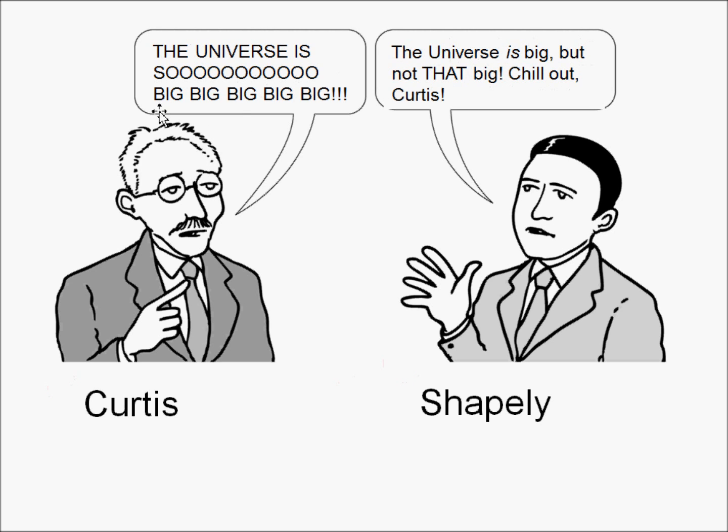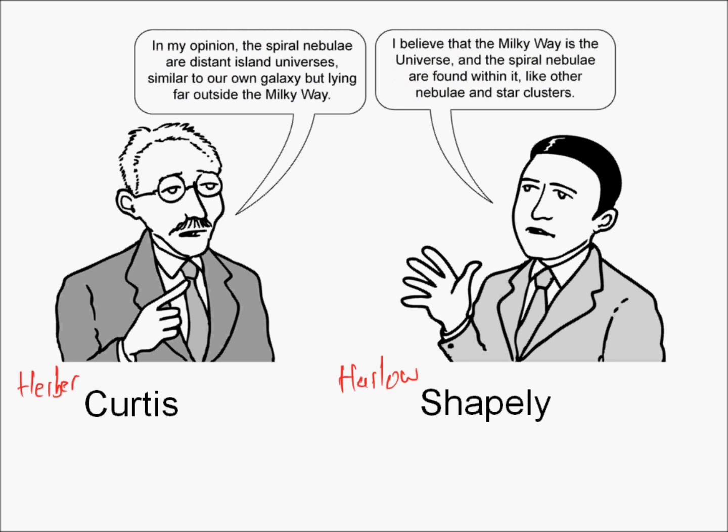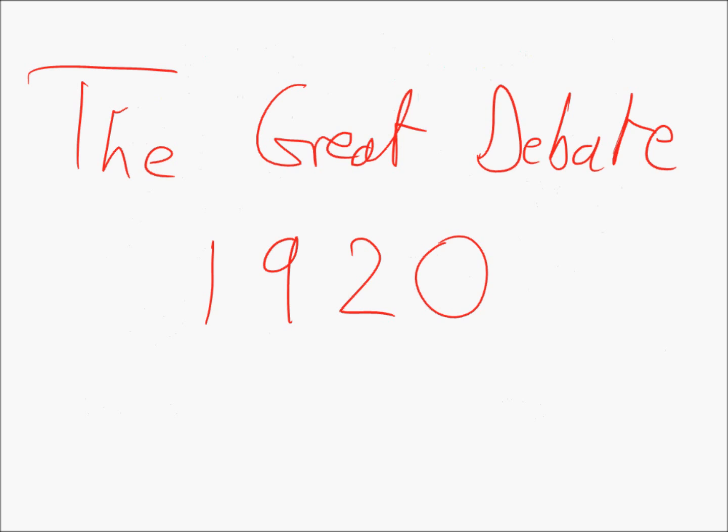He thought the universe was enormous with loads and loads of galaxies, and Shapley thought it was our one galaxy with some little clusters around the outside. And these two came together to have this great debate in 1920, and obviously we don't have a recording or a record of that, but I've tried to recreate it for you here.